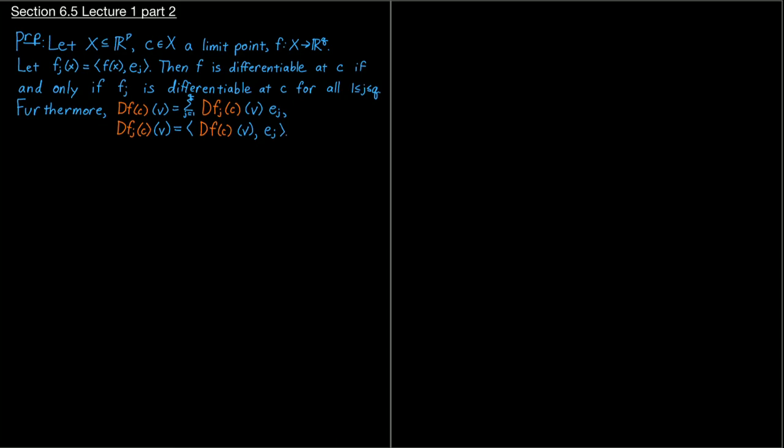So you pass from df of C to dfj of C and back exactly the same way as you pass from f to f sub j. Notice that this inner product looks exactly like this inner product with df of C in place of x, f v in place of x. Similarly, f is the sum of the fj's times e sub j. So df of c is the sum of the dfj's of c times ej.